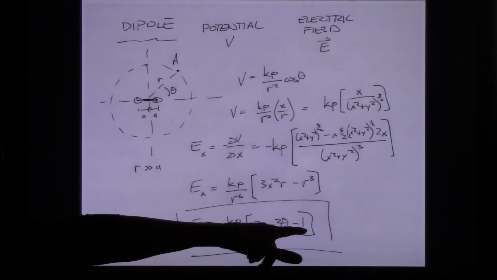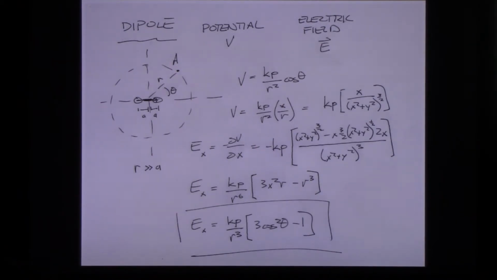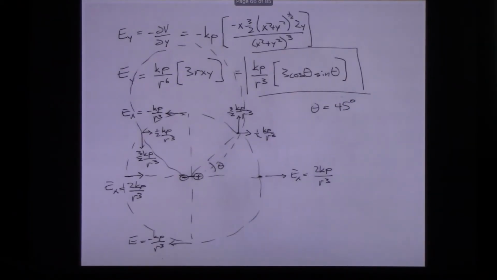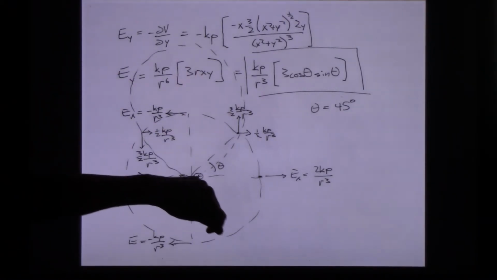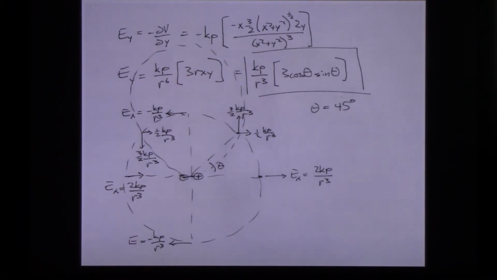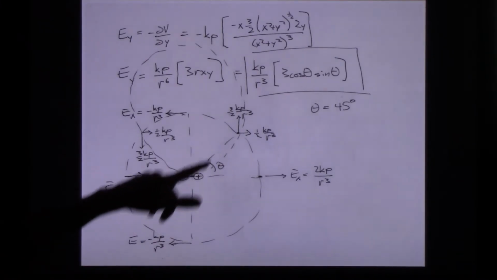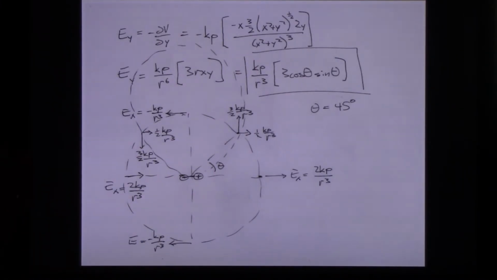And as a result, we're going to end up with E field components in the negative direction. So the E field is directed negatively here and negatively here. And if you flip back to that diagram of a dipole, that's what we predicted. So these E fields right here are directed right across those equipotentials.